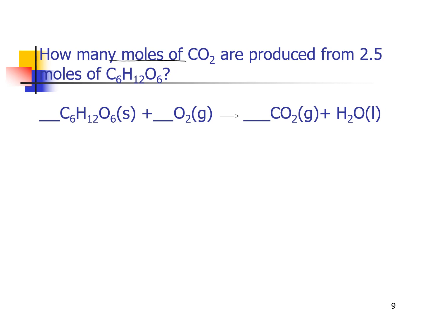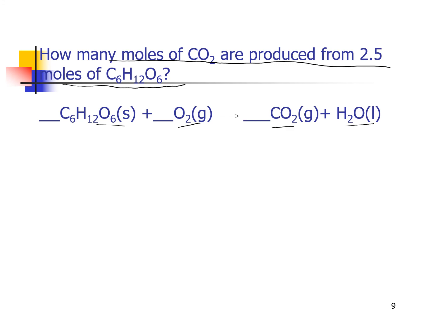How many moles of CO2 are produced from 2.5 moles of C6H12O6, which is glucose? In the reaction, we have solid glucose plus oxygen gas reacting to form carbon dioxide and water.